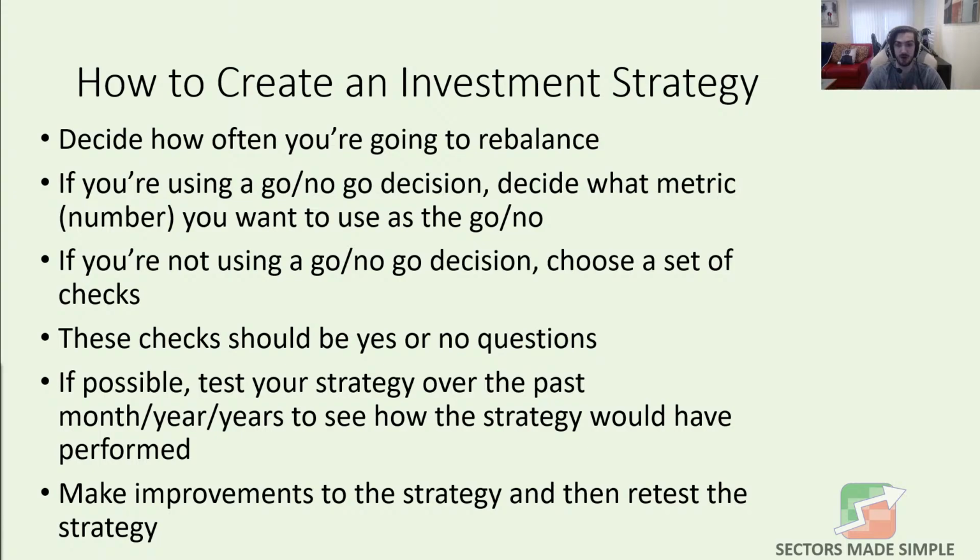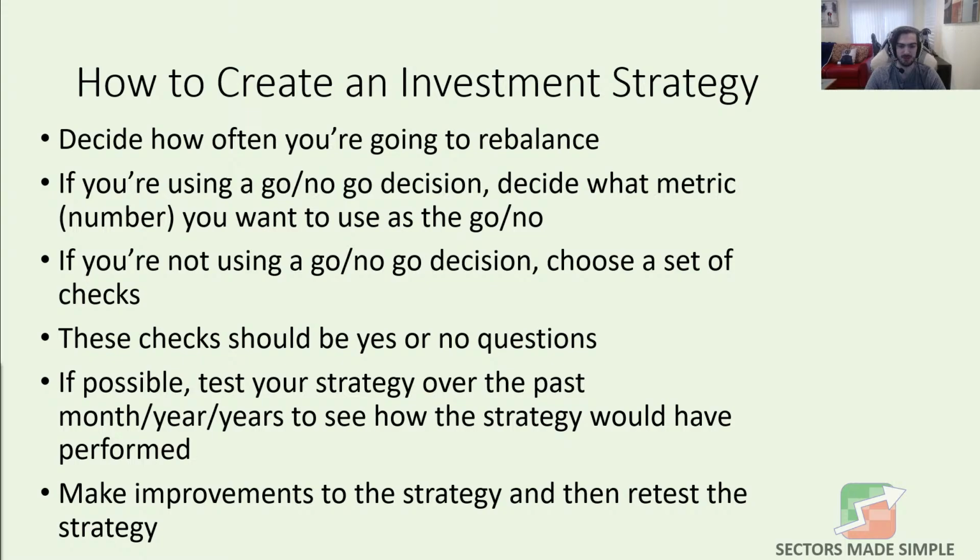So if you're not using a go or no-go decision, then the next step is to find your set of questions. And these questions should always end in yes or no. So we may end up having a list of 5 questions, for example.